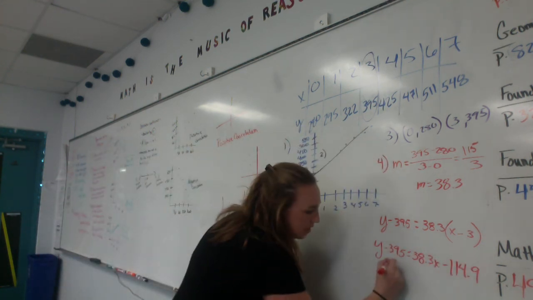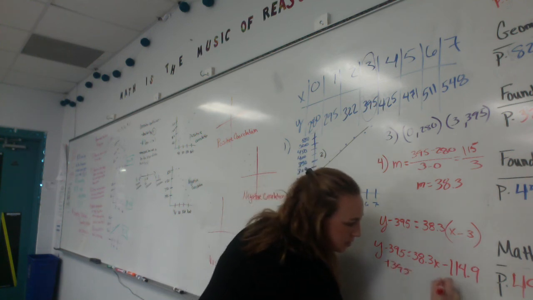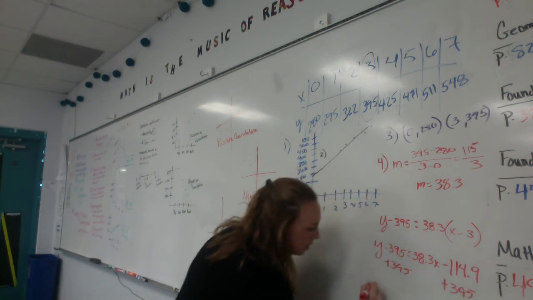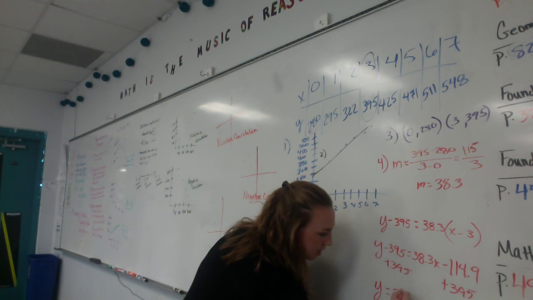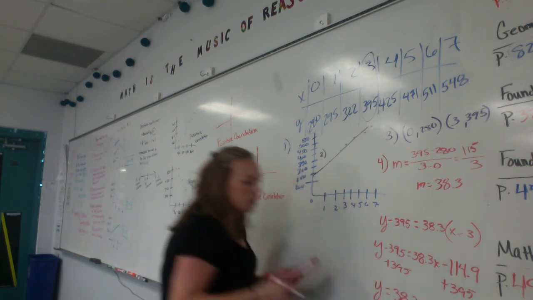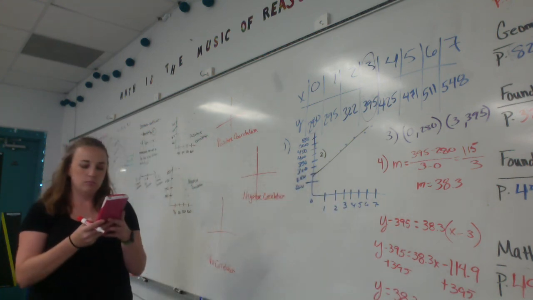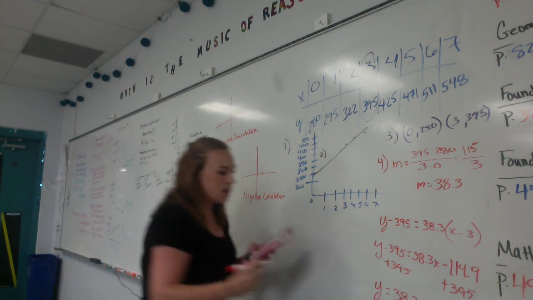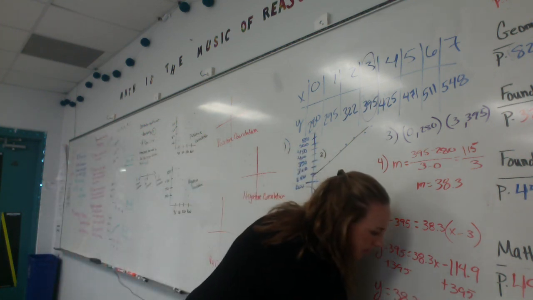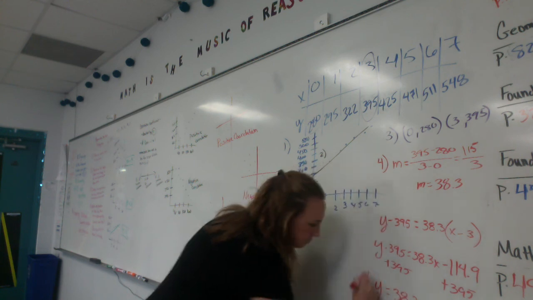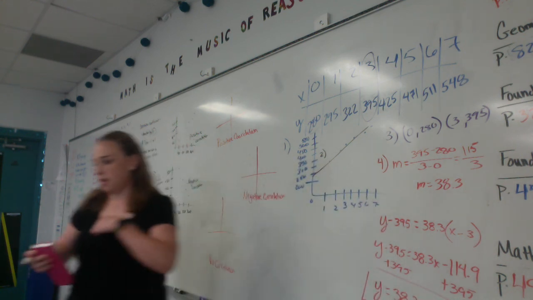I add 395 to both sides, and I'm going to get y equals 38.3x plus 280.1. There's an equation for that line.